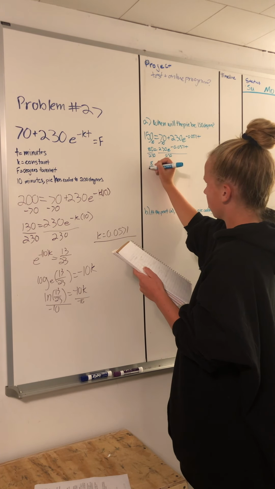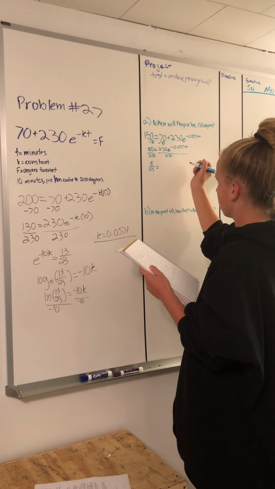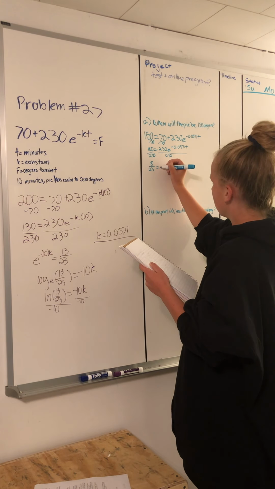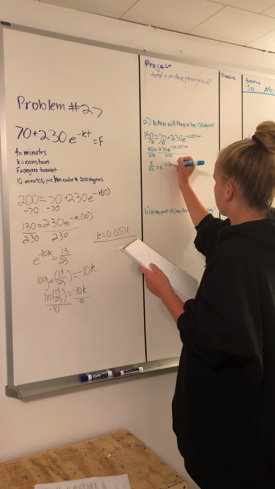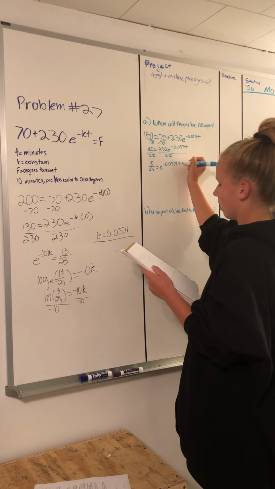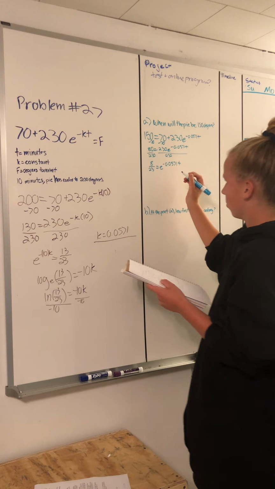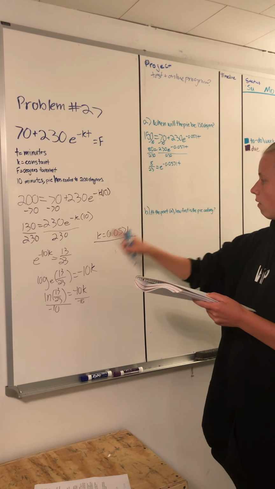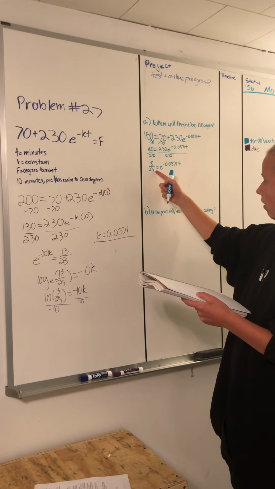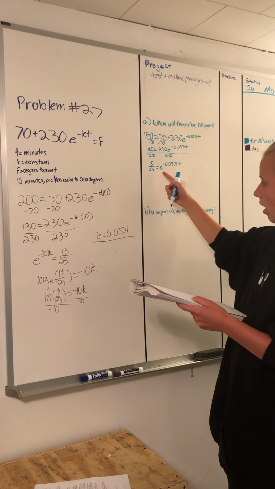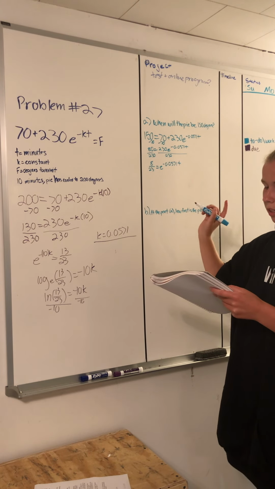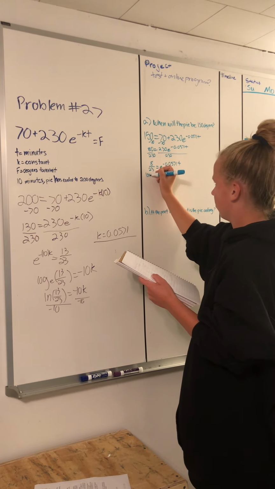8 over 23 equals e to the negative 0.0571 t. And then from here you can do the natural log. We're just skipping this stuff, the log base e of the, we're just going to write it.